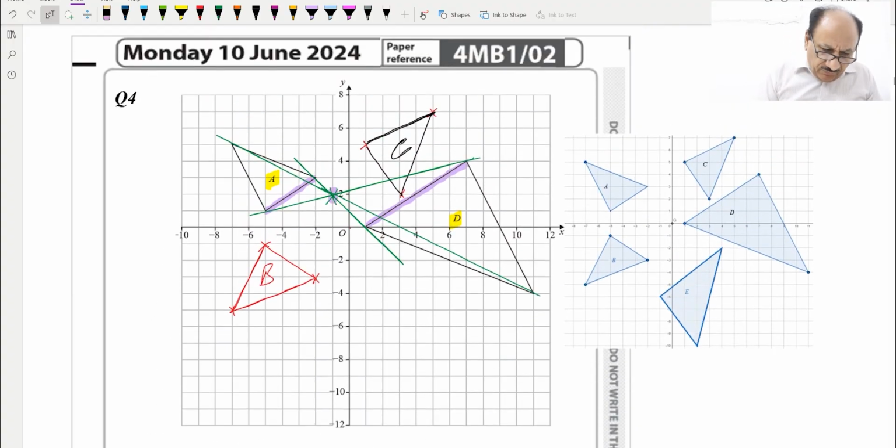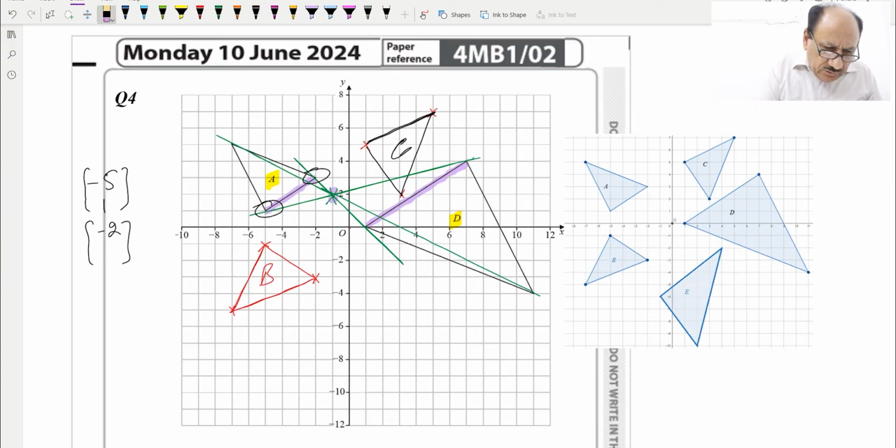Coordinates of A, if I write here, this will be minus 5 and 1. So minus 5 and 1 will be one coordinate, and then the next one will be minus 2 and 5. It's not 5, it's 3 basically.